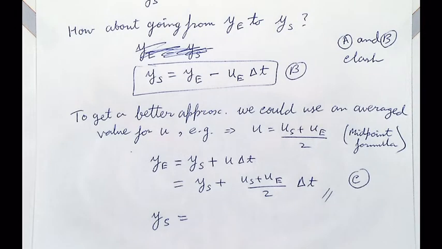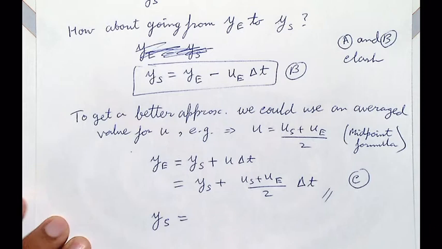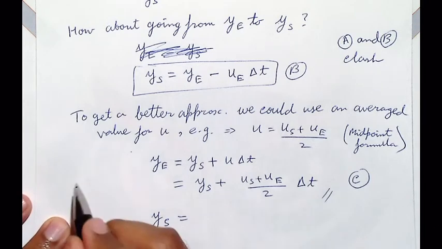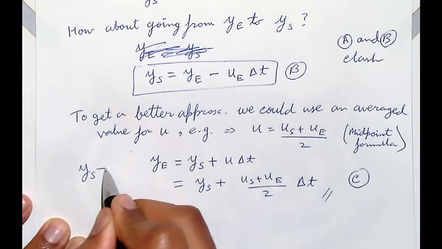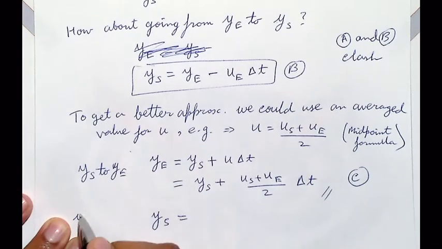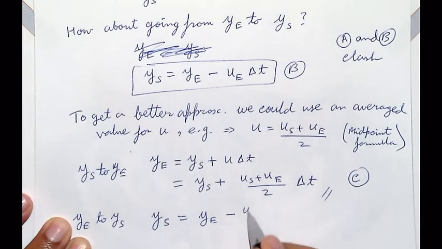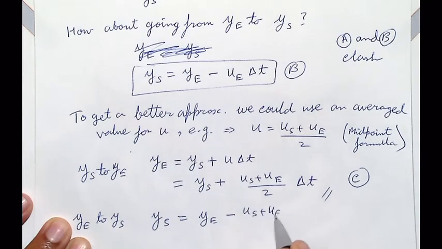Let me fill out the right hand side. So y start is equal to yn minus, as you were saying, u start plus un over 2 times delta t.